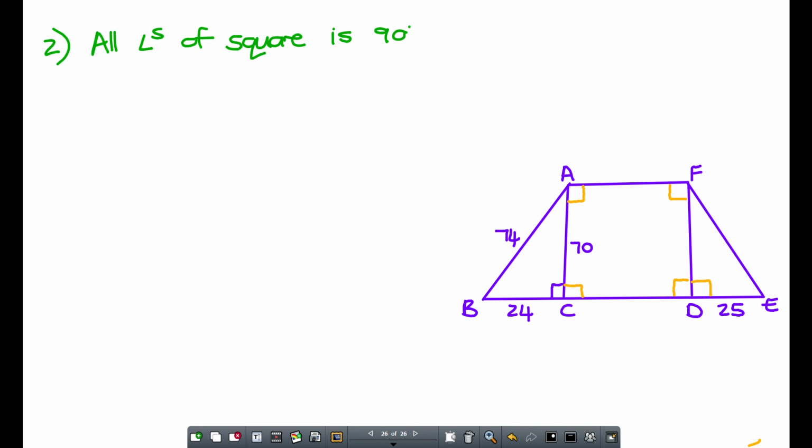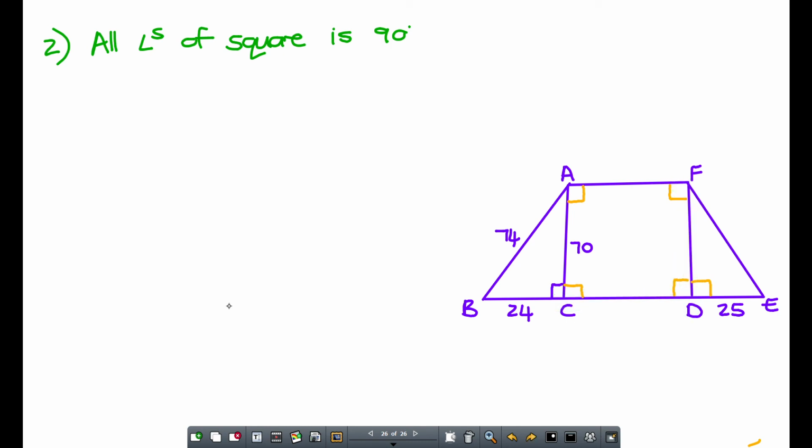Okay, so that means that if you have a look at FDC, can you see that? Okay, so FDC, this one, is 90.